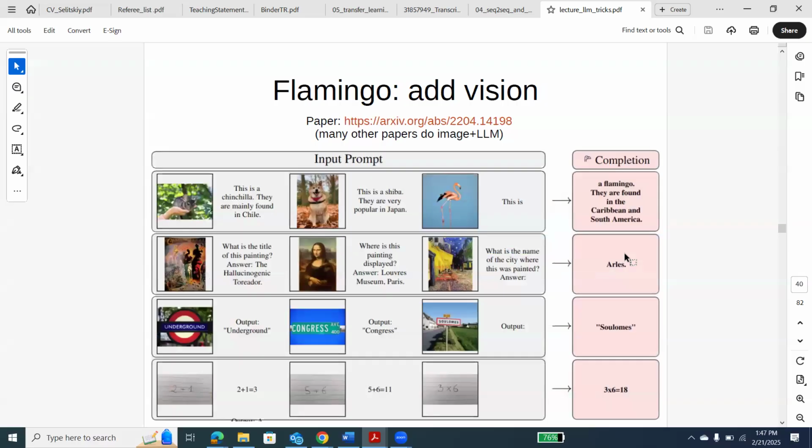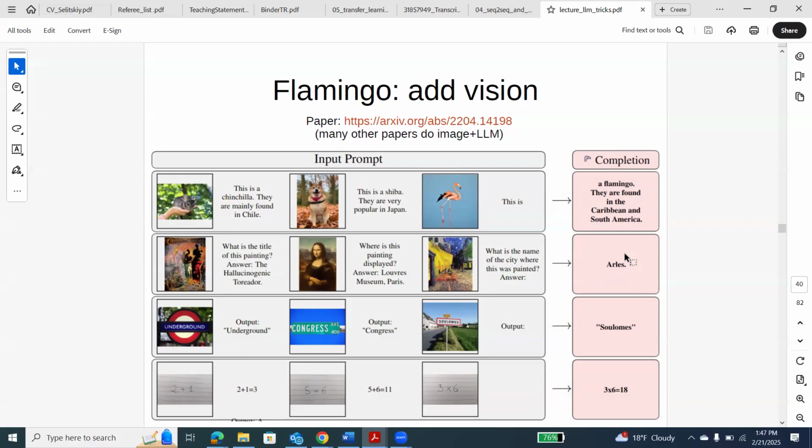Yeah, so this is example of the prompts. Like image, and then this is, and then the model continues. This is a flamingo.